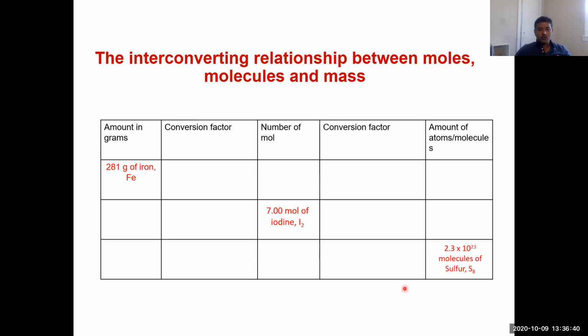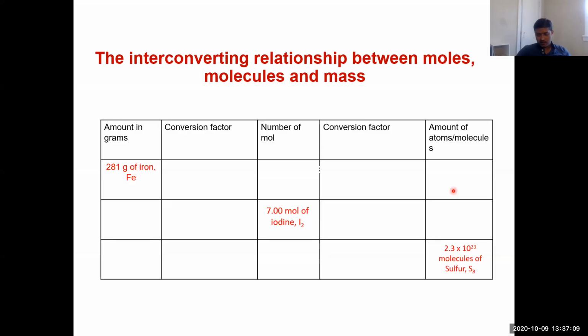All right, so we are going to fill the empty number or amounts of any one of the columns using just one piece of information. Let's start with the 281 grams of iron. If you know there are 281 grams of iron, can you identify how many moles are present in it and how many atoms or molecules?